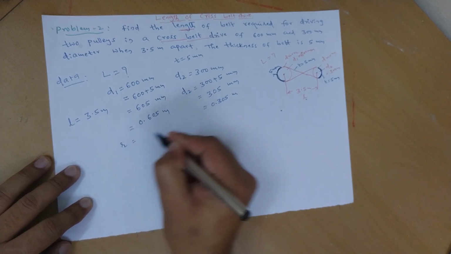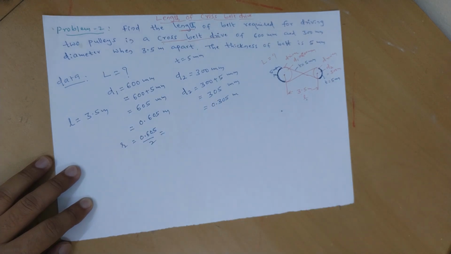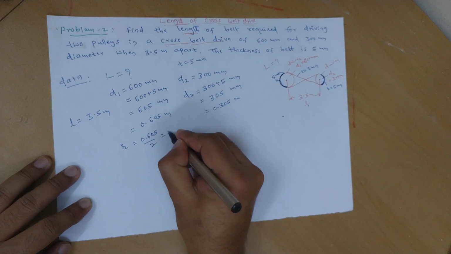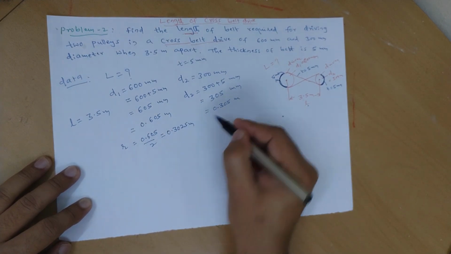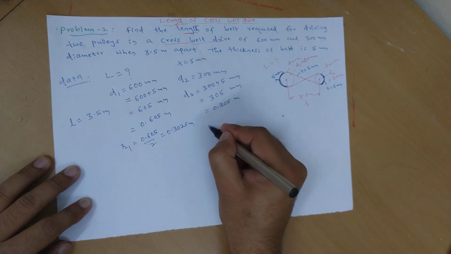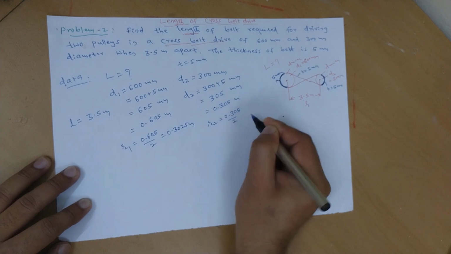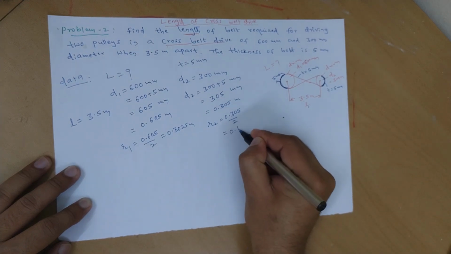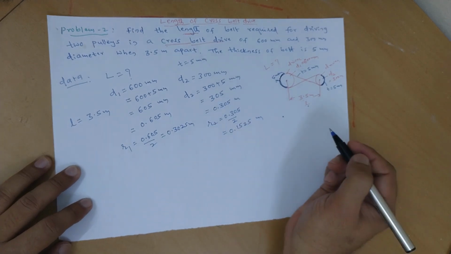So R1 equal to 0.605 divided by 2, that will be 0.3025 meter. Similarly R2 equal to 0.305 divided by 2, that will be 0.1525 meter.